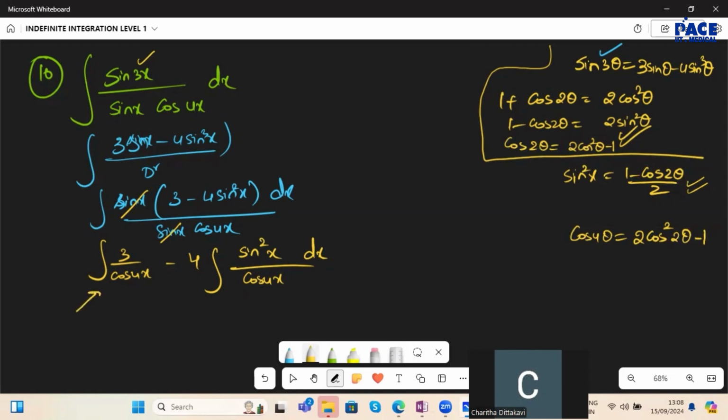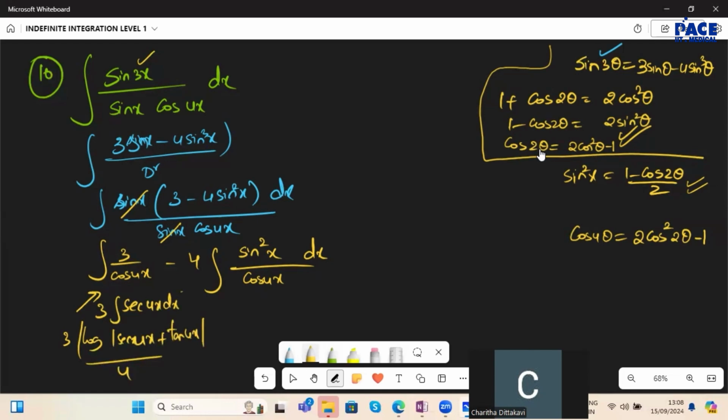This first part, I need not solve any further because this is nothing but 3 times integral of sec 4x dx. What is the integration of sec x? Integral of sec x is log mod sec x plus tan x. Log mod sec 4x plus tan 4x upon 4 plus c. Anyhow, that first part is already done.